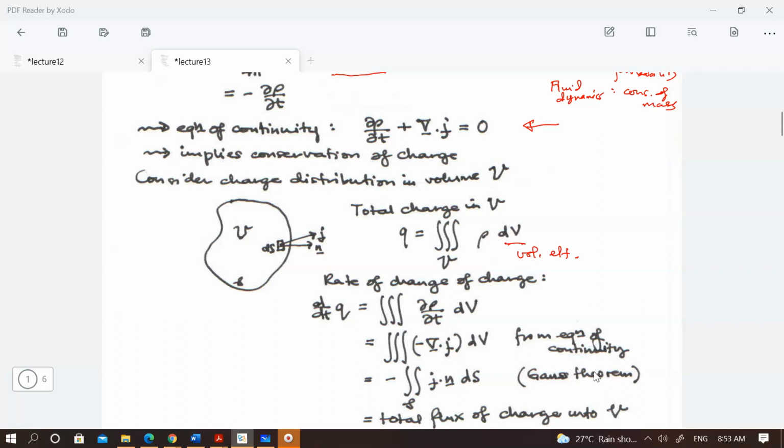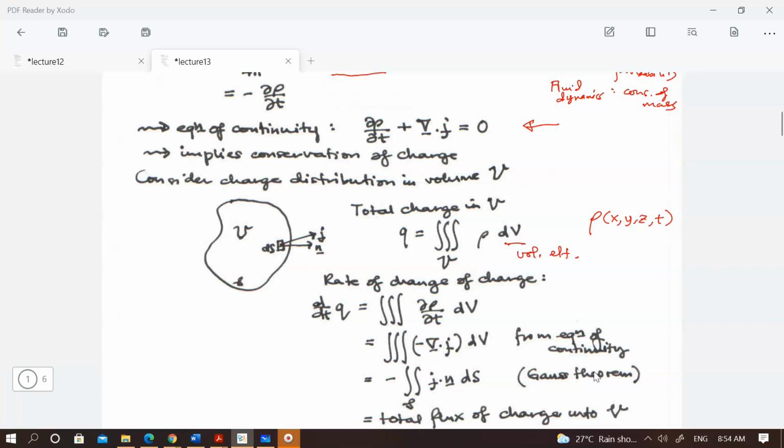So you take the total time derivative of Q, but when you go inside your triple integral, your rho will be a function of x, y, z, and t. So when you go inside, the total derivative will be replaced by a partial derivative because you have other variables coming in. So you get partial rho, partial t times the volume element.